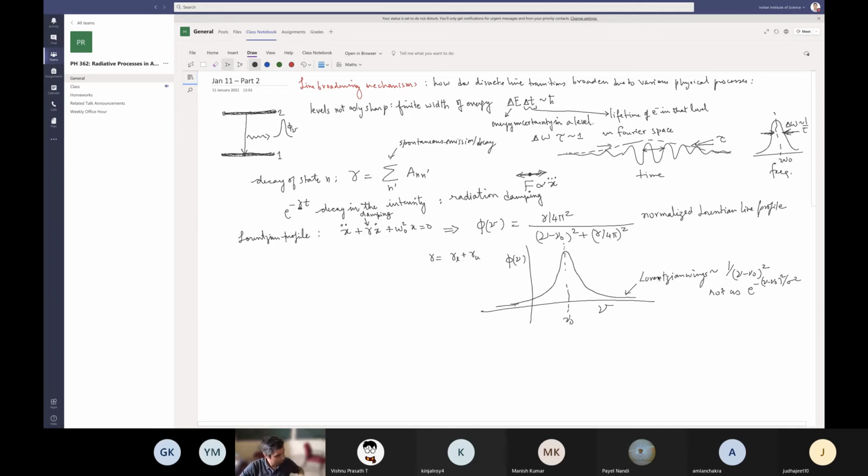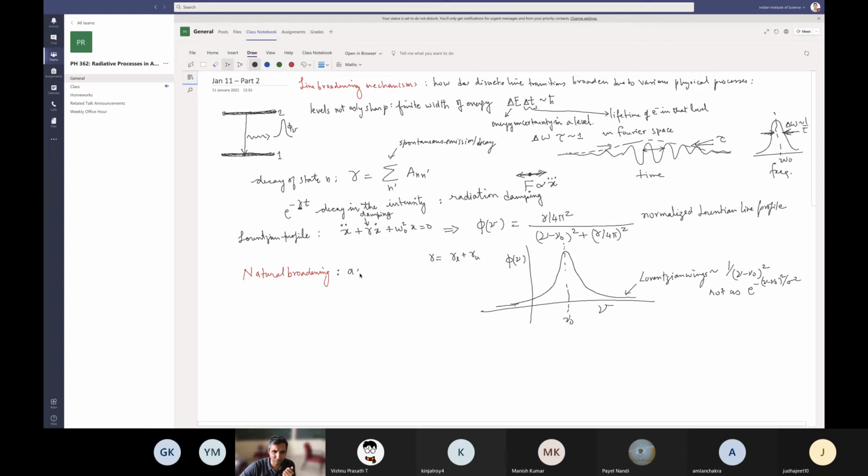Okay. So this is called natural broadening. This is fundamental. You cannot avoid this.